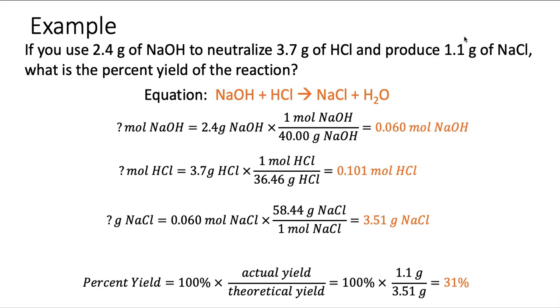So this would be X, and you would be given the percent yield, 31%, and asked to find the actual yield. You could do that. You could find the calculated one, and then you could go over here and figure out. So you could use this reaction to find any of these amounts, and I will be doing some of those types of problems so you can see how to work out the other types as well.